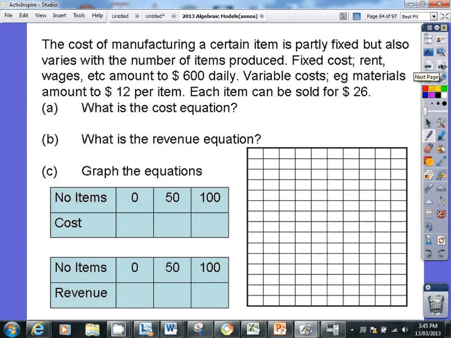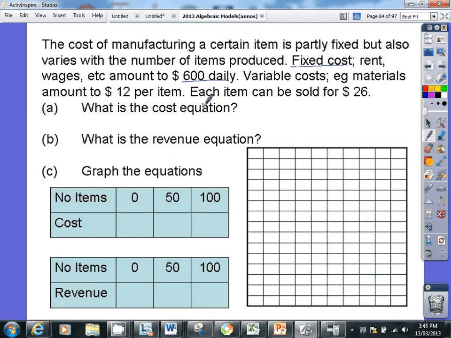Okay, so we've got a manufacturer here who's making a certain item. There's not a lot of description of what that item is, but we do know that we've got fixed costs of $600 daily, rent and wages for employees.